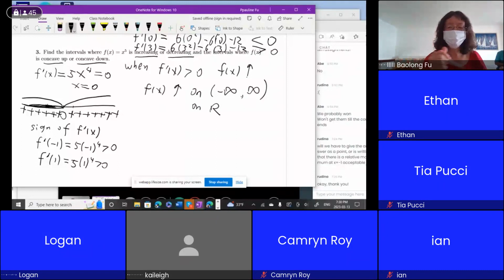So this f(x) is always increasing, not decreasing. You cannot find f(x) decreasing. It is always increasing. Any questions? Okay, so we answered question 1 and question 2. Not decreasing, only increasing, on the whole real number line.